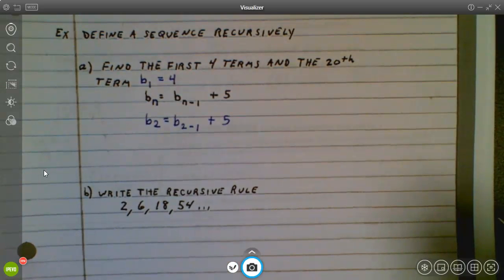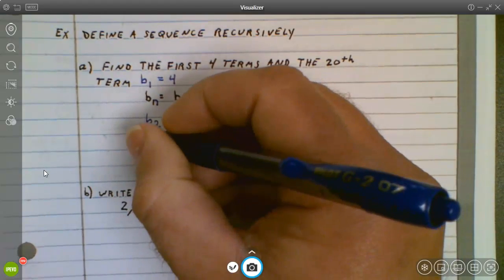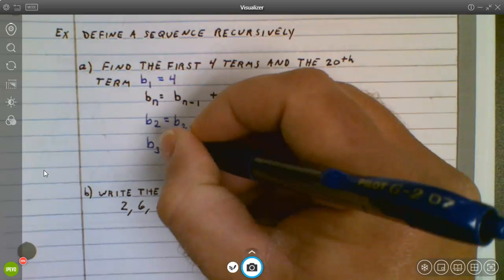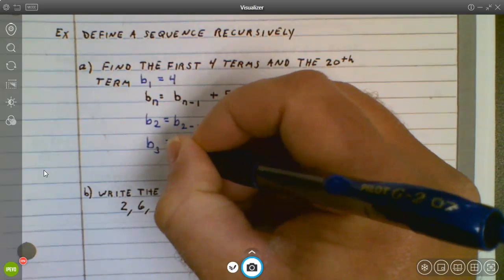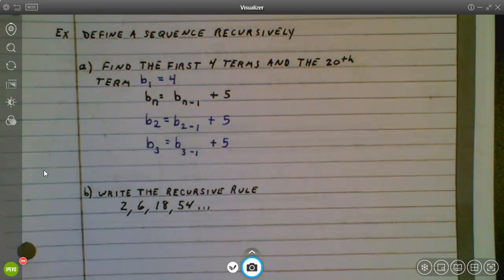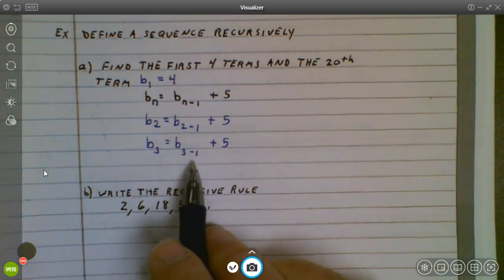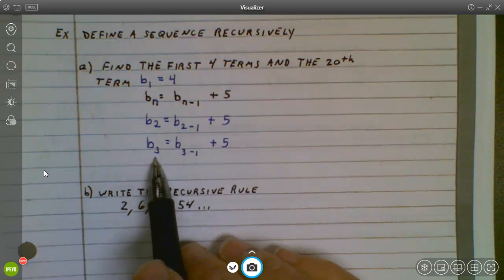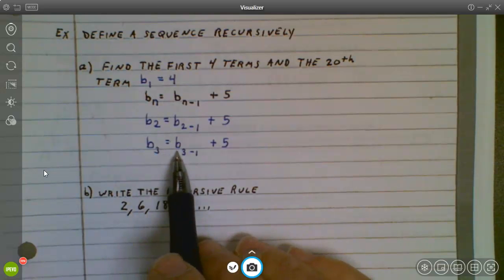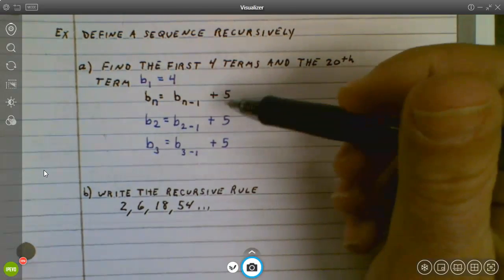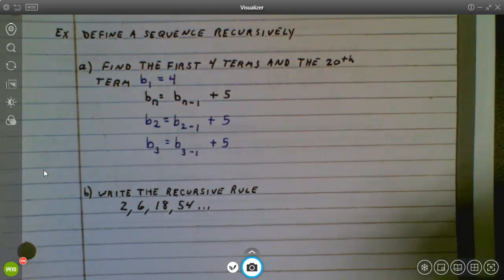All right, so same thing if I wanted, say, the third term, that would now become b sub 3 minus 1 plus 5. Right? Well, and what's 3 minus 1? That would be b sub 2. So, in other words, in order to get the third term, I would need the second term plus 5. So the recursive rule is all based on the previous term.